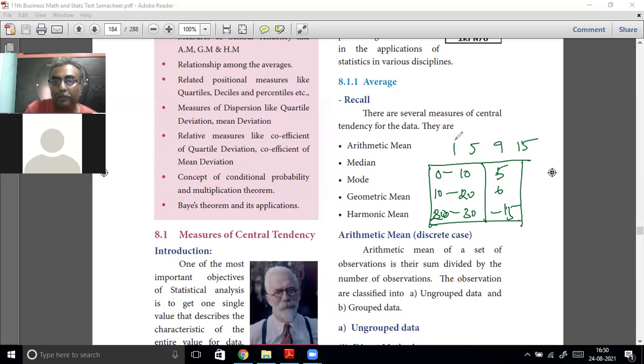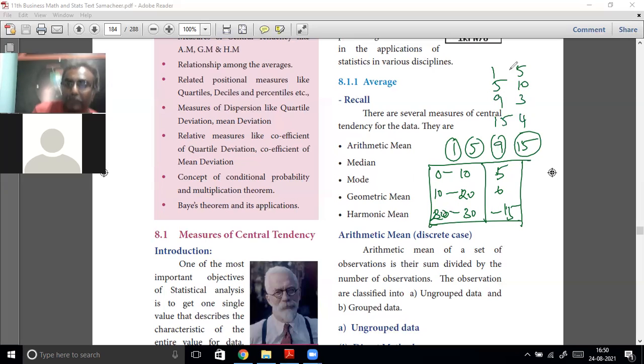But if you get only single point data, you can also get 1 occurs 5 times, 5 occurs 10 times, 9 occurs 3 times, 15 occurs 4 times. This is also discrete data only, because it is point data with frequency, x with frequency. So this is also discrete.